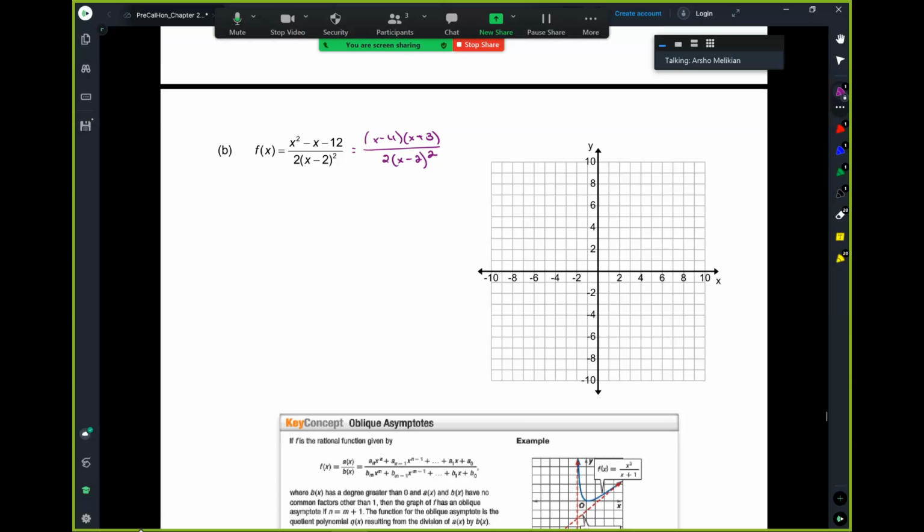Yes, you do get 2 zeros. Now the domain is negative infinity to 2, 2 to infinity. The vertical asymptote is x equals 2, so there is just 1 vertical asymptote.